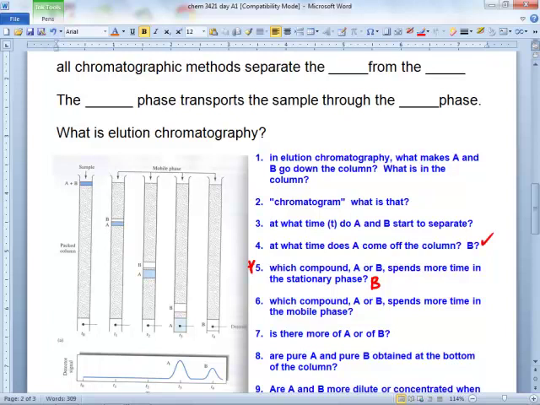The only way that they can spend different amounts of time in the mobile phase is if somehow you can get them to travel different distances. But you can't. It's the same column. They both have to travel through from the beginning to the end of that column. And they're only moving when they get unstuck and then in the mobile phase. It's kind of a trick question.